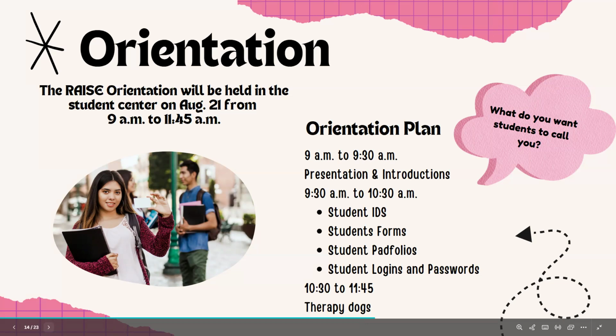That applies to the instructors that have the 10:30 to 11:45 classes. Our basic plan is from 9 to 9:30, we're going to have a presentation to introduce the instructors who are there, and any other staff who are there. And then we have a list of things we want to try to get done.